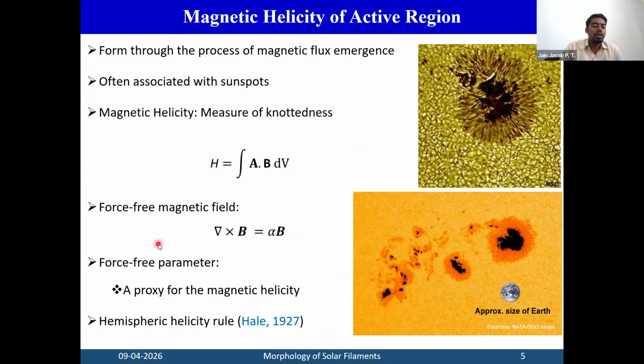For the case of a force-free magnetic field, it can be written as curl B equals alpha B, where alpha represents the force-free parameter and gives a proxy for the magnetic helicity. Hale introduced the hemispheric helicity rule, which says that active regions have a preference for helicity: in the northern hemisphere a preference for negative helicity, and in the southern hemisphere a preference for positive helicity.